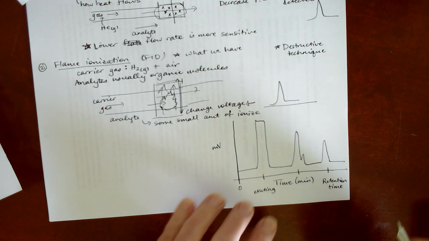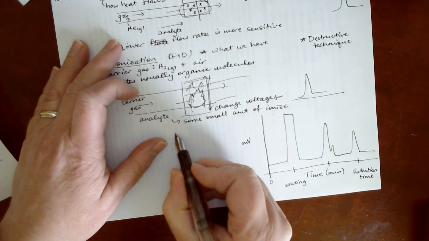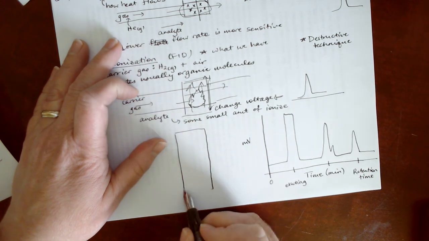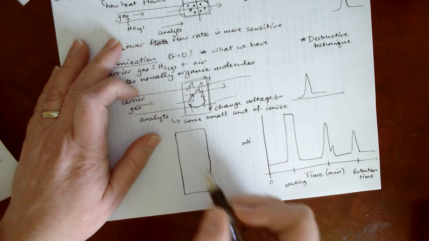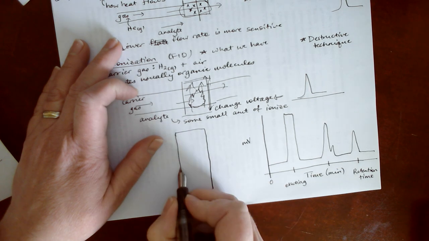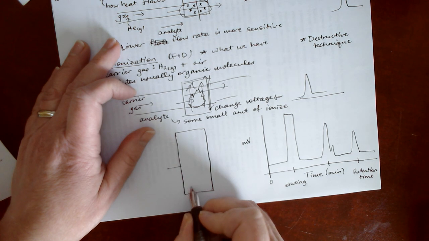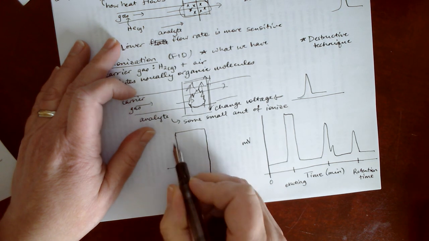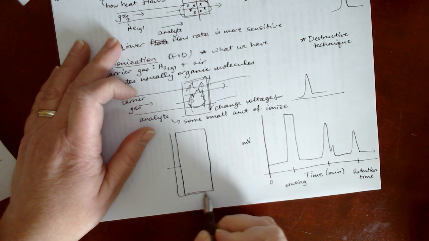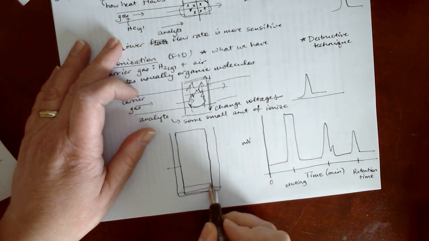So gas chromatography is actually really similar to, if you remember, liquid chromatography. With liquid chromatography, you have some kind of a solid substrate, and you're going to set up your sample, and you're going to put it in some kind of a container with some liquid in here, and you're going to have your samples set up.